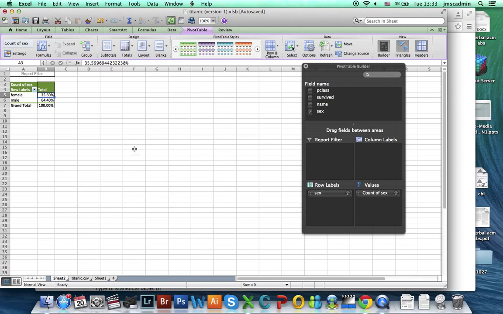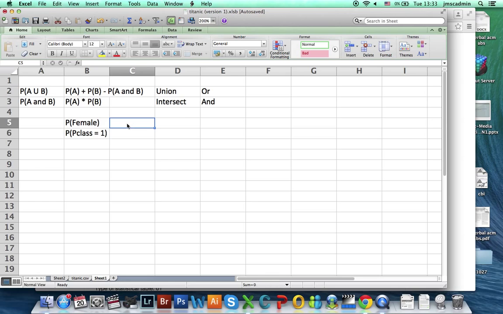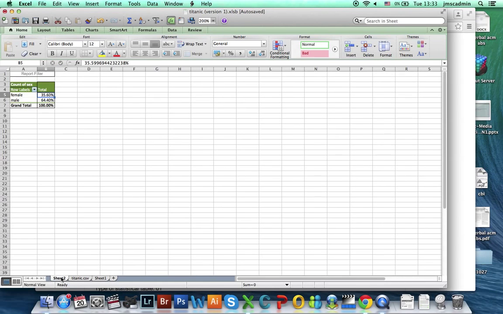So the probability of female is 35.6. So we can type it here. 356. And then the probability of class equal to 1.